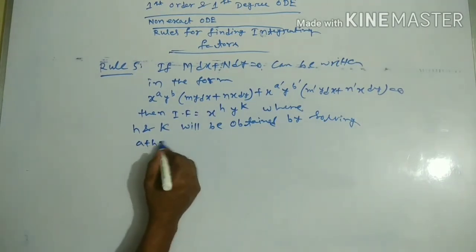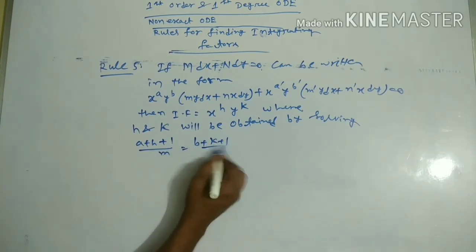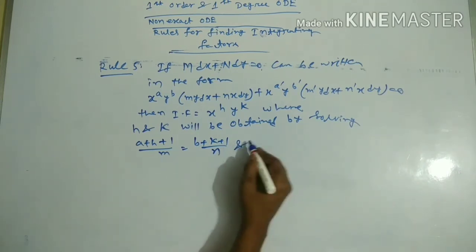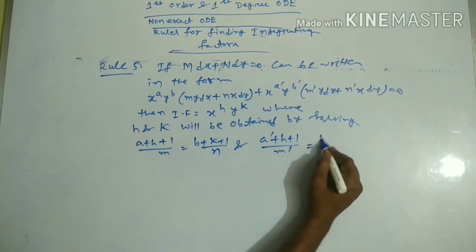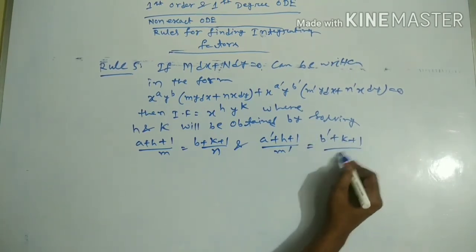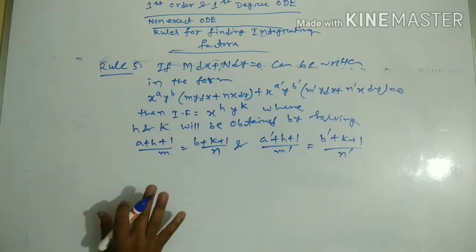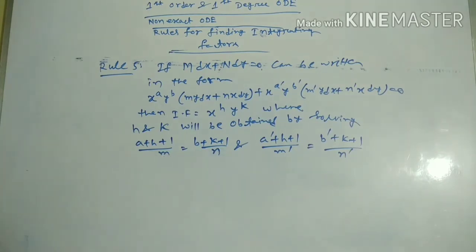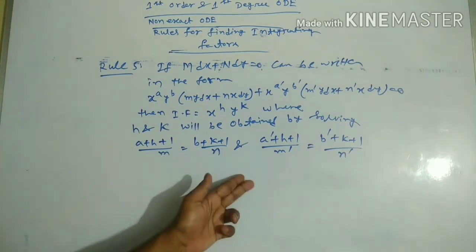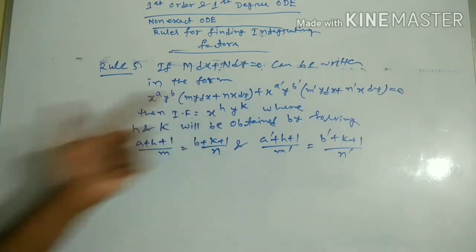I will write those. a plus h plus 1 by m equal to b plus k plus 1 by n, and a dash plus h plus 1 by m dash equal to b dash plus k plus 1 by n dash. So this rule is quite lengthy. From the equation we will get the values of a, b, m, n, a dash, b dash, m dash, n dash, and we will write these two equations. Solving these two, we will get the values of h and k, and we will get the integrating factor.